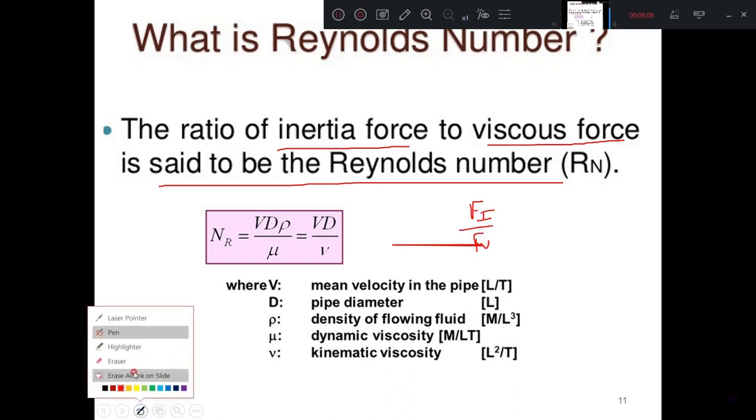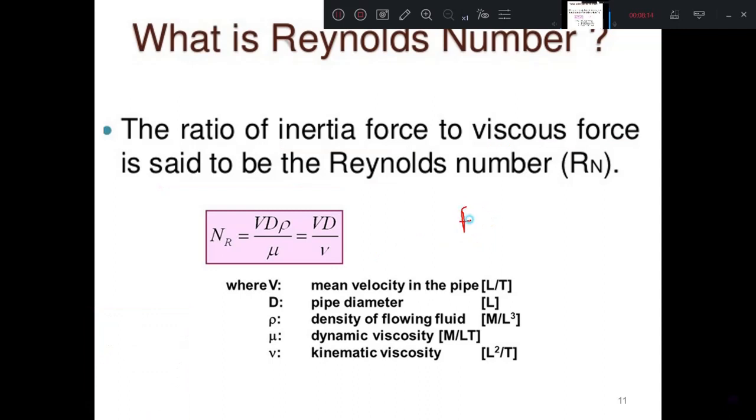When we substitute the inertial force and the viscous force and simplify, we get rho V d by mu. And we also know that the kinematic viscosity nu is the ratio of dynamic viscosity mu by the density of the fluid.